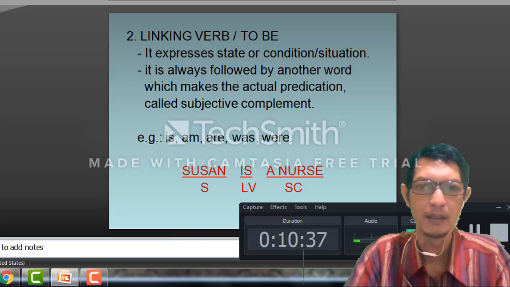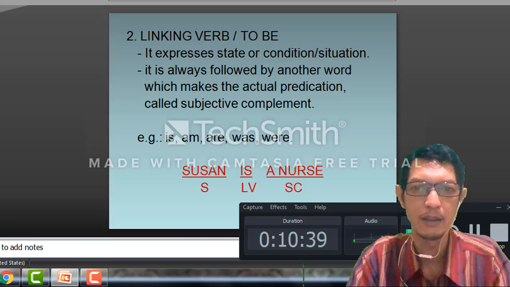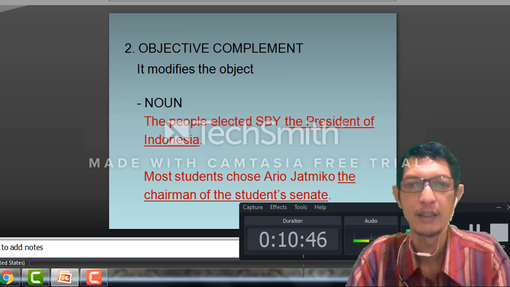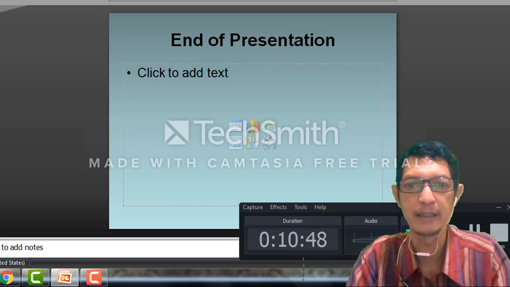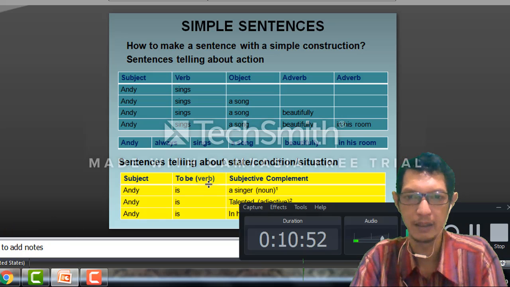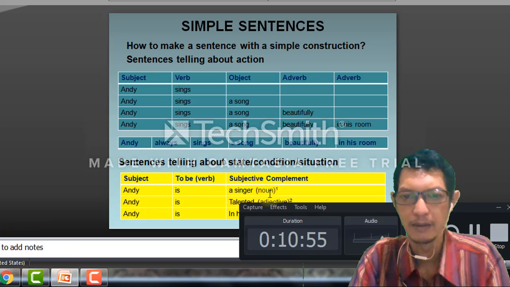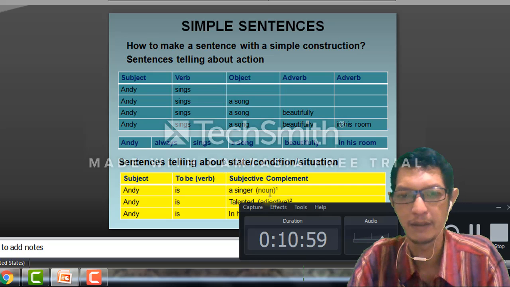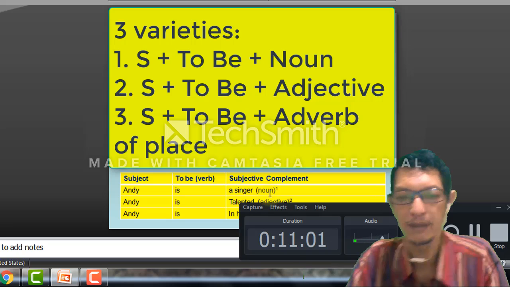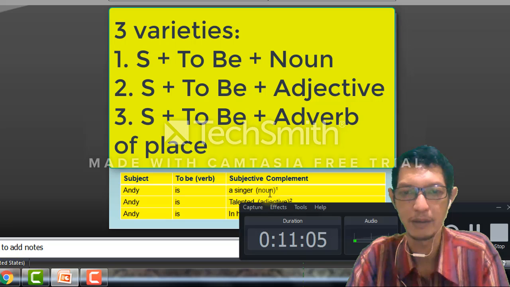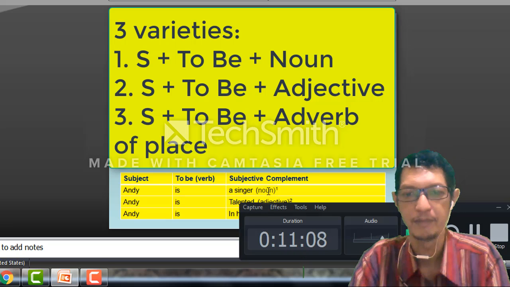Actually, if we use a linking verb, or to be, as our predicate in a sentence, we can make it simple by understanding that there are three varieties that we can use to make a sentence by using to be or linking verb.